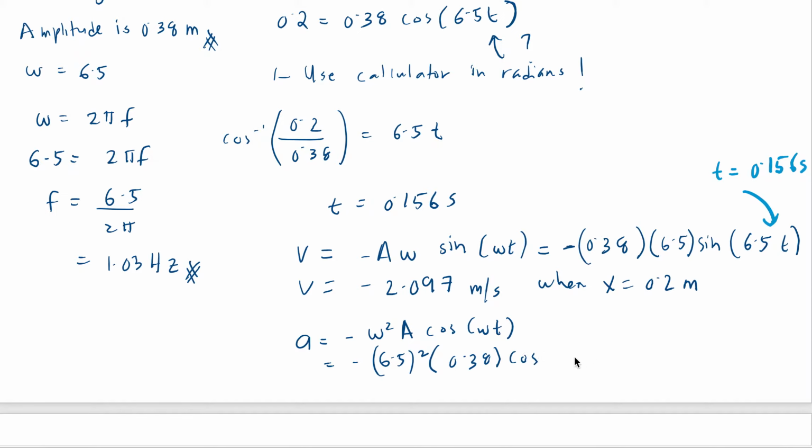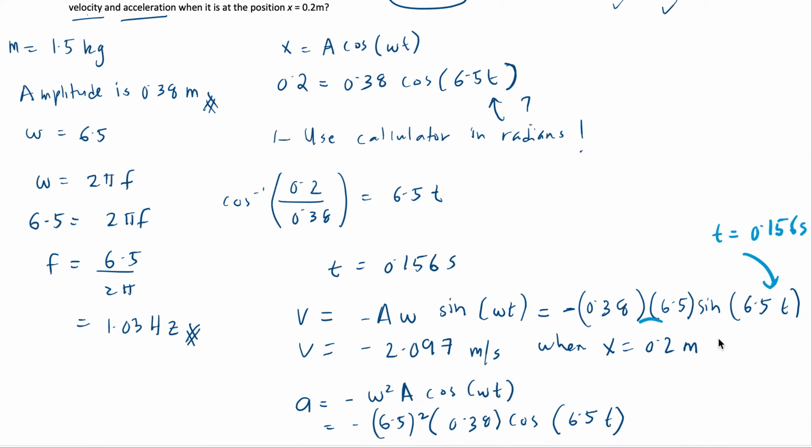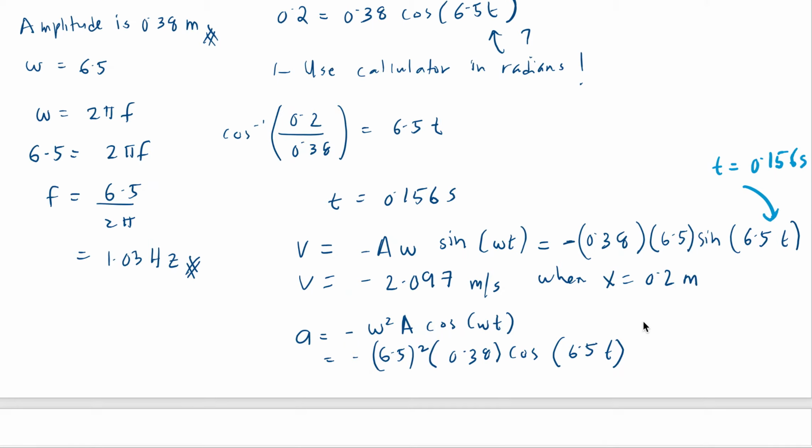My cosine is just cosine. My omega is 6.5, and my t should be 0.156, right? If I don't want to write it like that, I can just say this is t, and I substitute that later. Okay, so substitute t as 0.156 seconds.